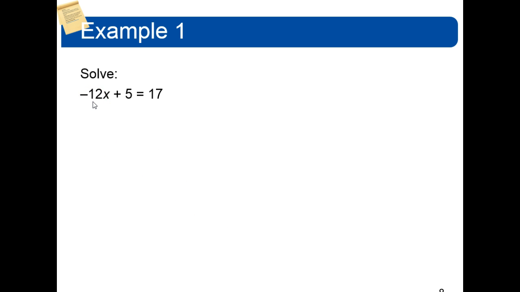Here's another example. Let's look at this and think what's the order of operations and then what's backward. Negative 12 is multiplied by x and then 5 is added to that. So we're going to go backwards. We're going to undo the 5 and then undo the negative 12.